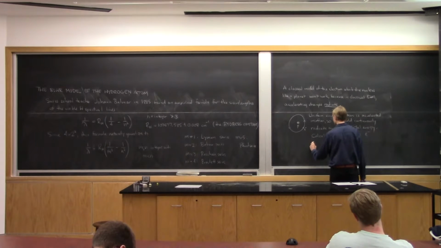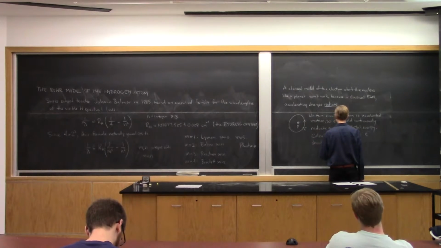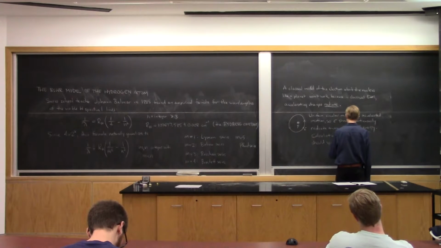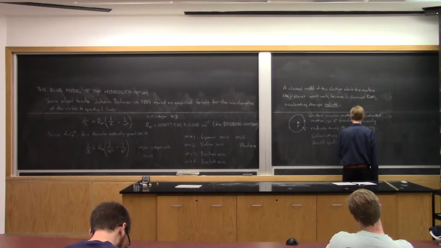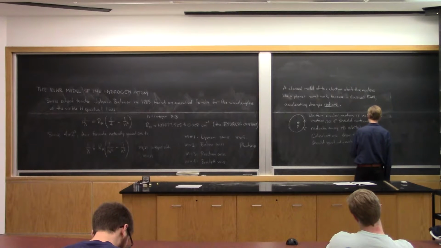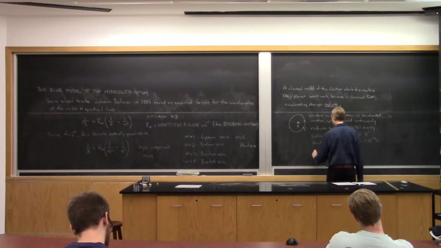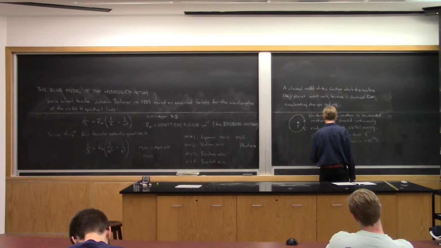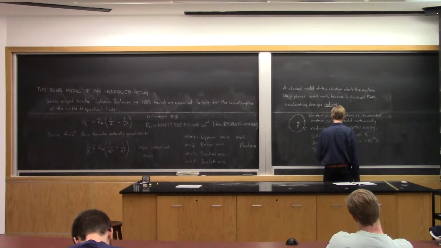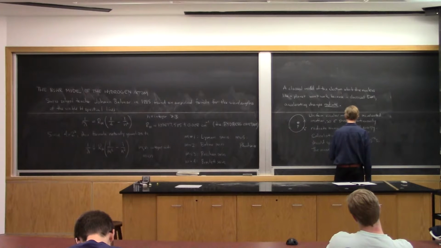Calculations show the electron should spiral into the nucleus in about 10 to the minus 12 seconds. The universe is somewhat older than this.